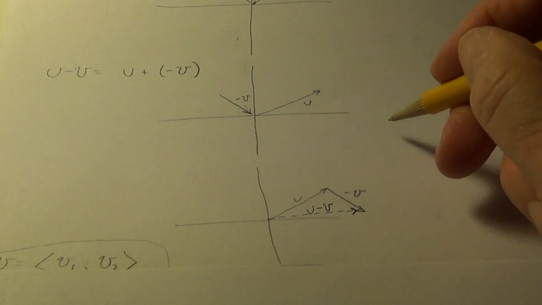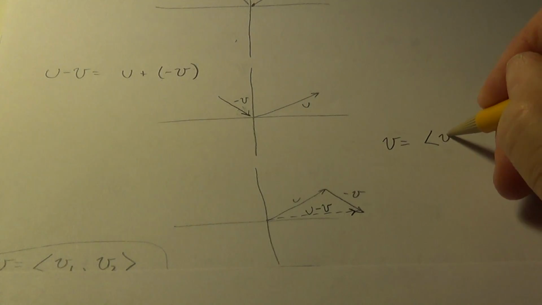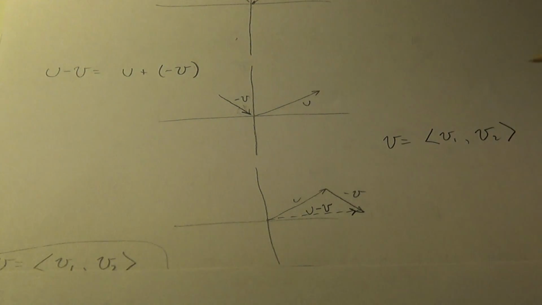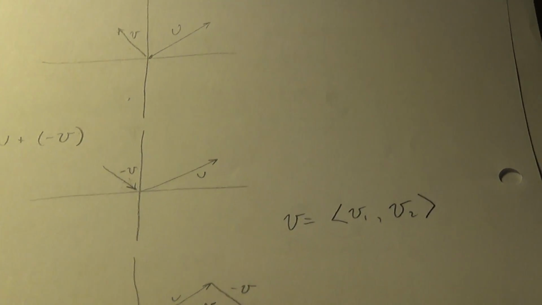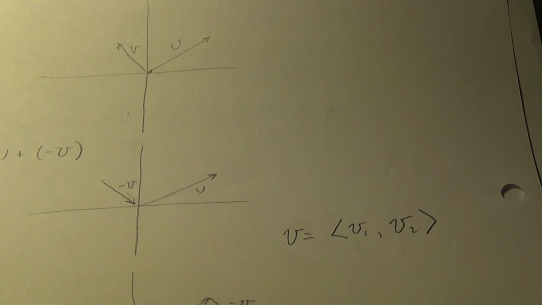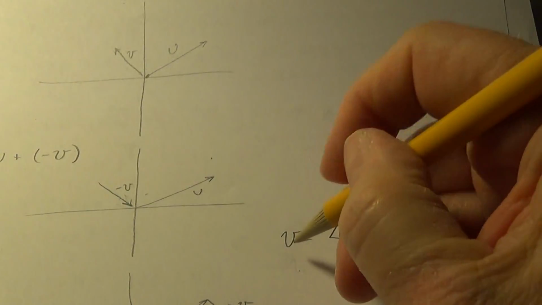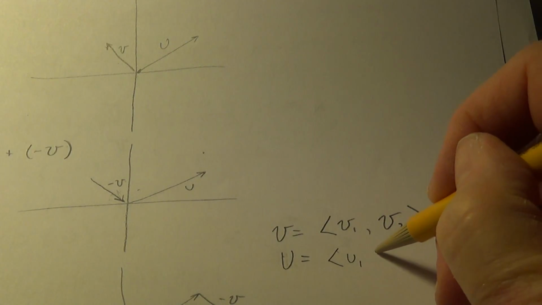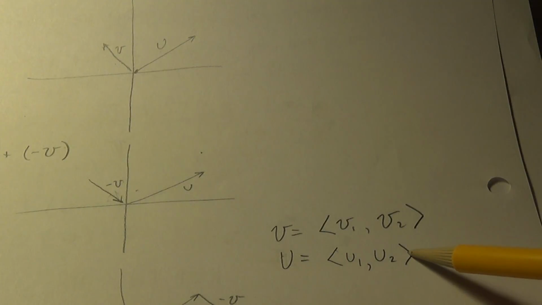All right. Mathematically, how can I talk about that? Let's see. So say I have v equals v1, v2, again the x component of the vector and the y component, and suppose that I have vector u equals u1, u2. So the x component and the y component.